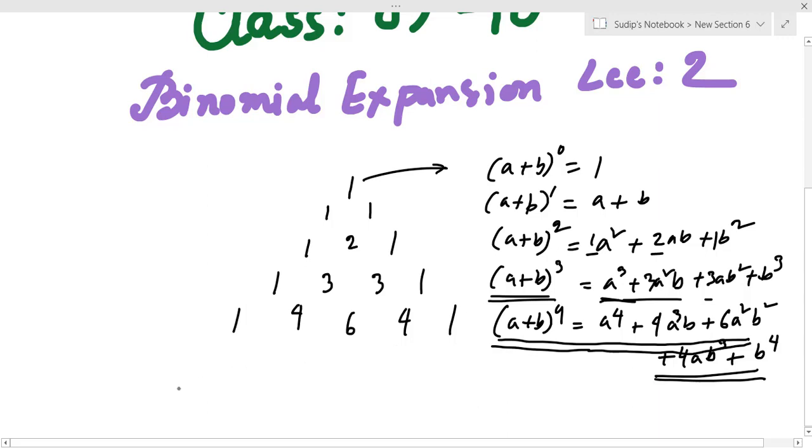So if you are told to find (a plus b) whole to the power 31, it will be a huge task to write the Pascal's triangle for 31 degrees. You would have to write 32 rows for the expansion of (a plus b) to the power 31.